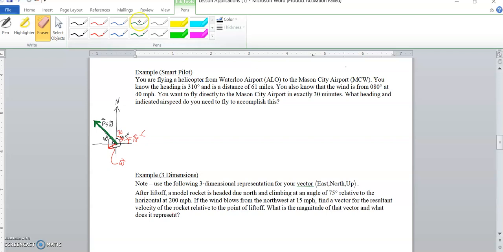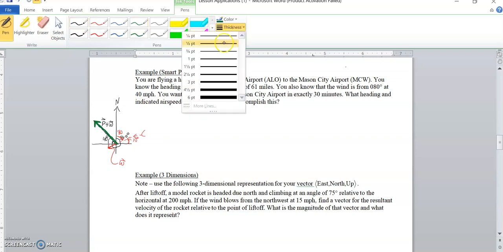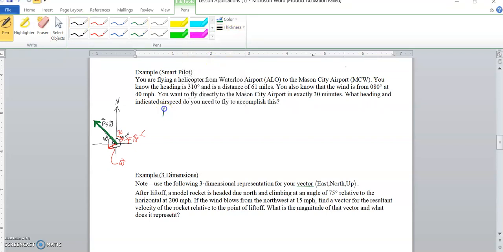So what that really looks like, we'll spell it out this way. We know P plus W. Remember, that vector is the magnitude times cosine of the angle, comma, magnitude times sine of the angle. If we do that, we need to know the magnitude. At this point, we haven't discussed that. It says the distance is 61 miles, so we have 61 miles to go.